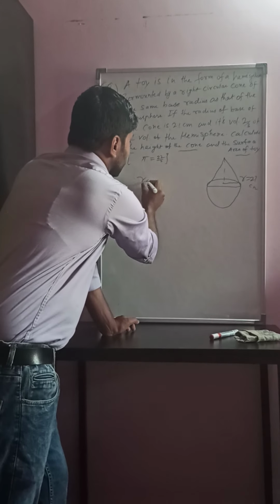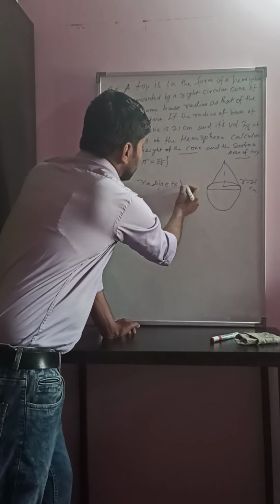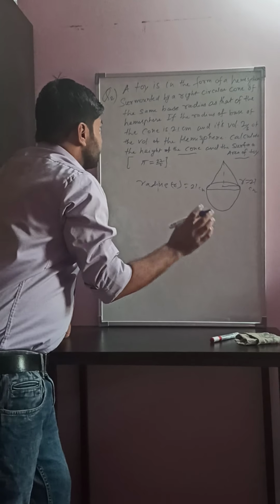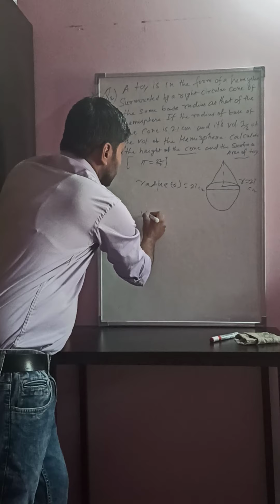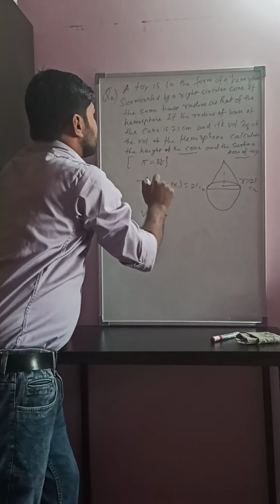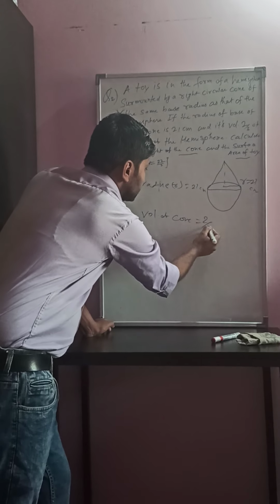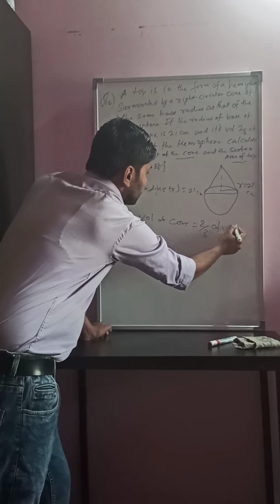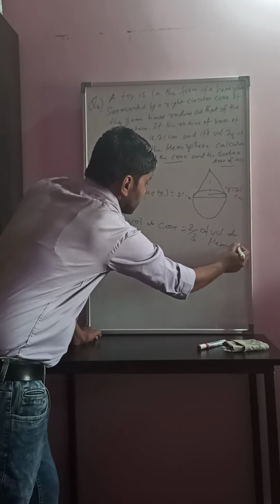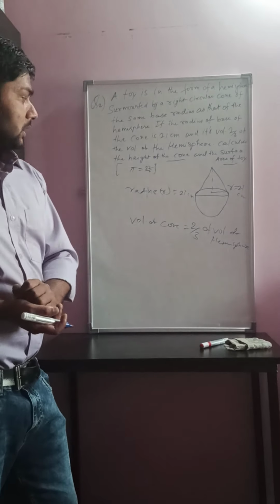Radius r is given as 21 centimeters, and the relation given is that the volume of the cone is equal to 2/3 of the volume of the hemisphere.